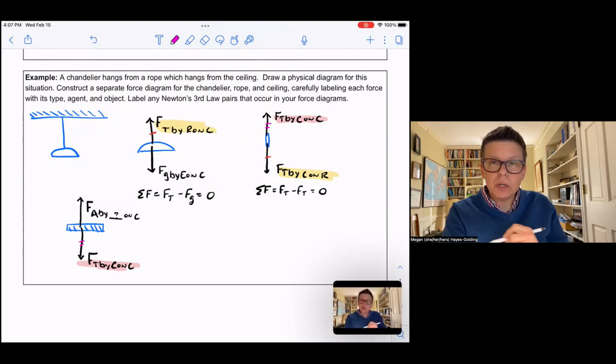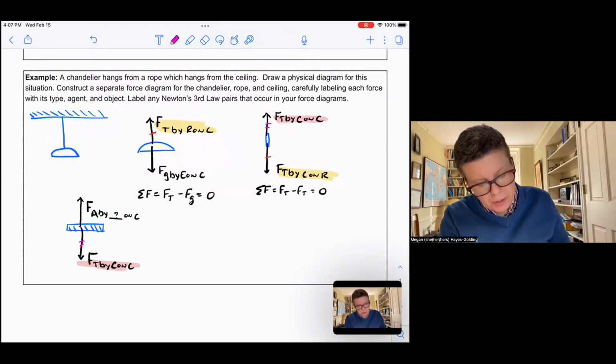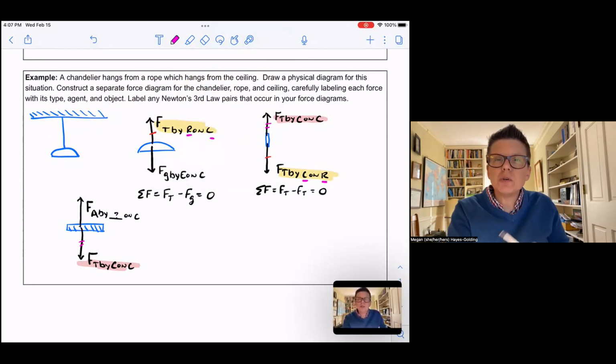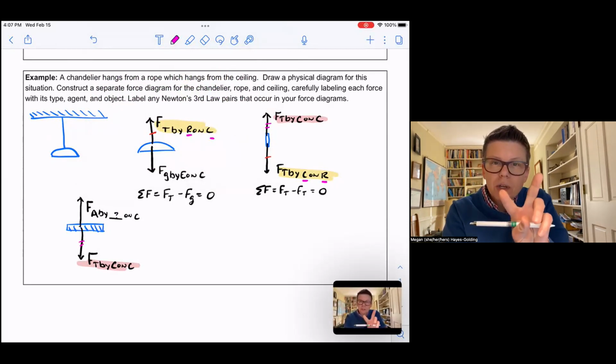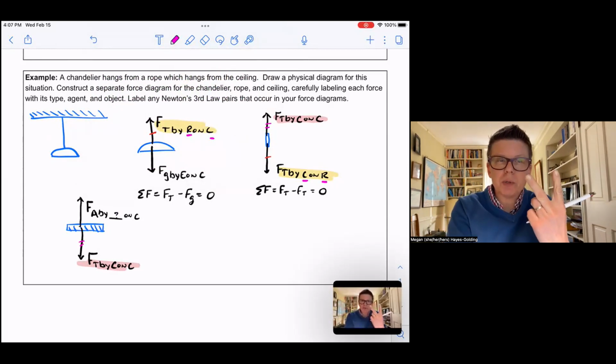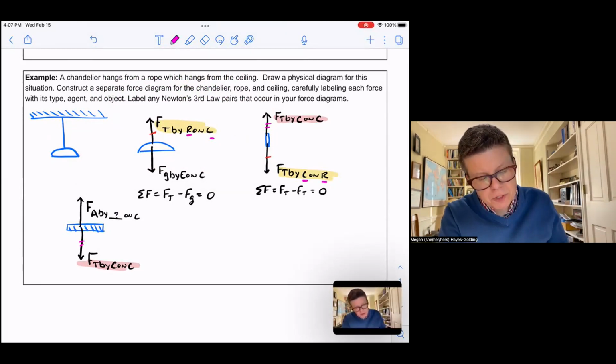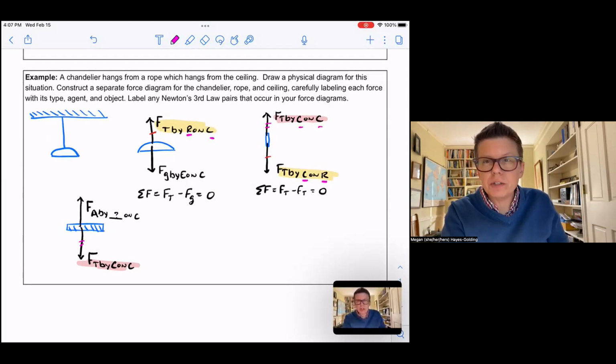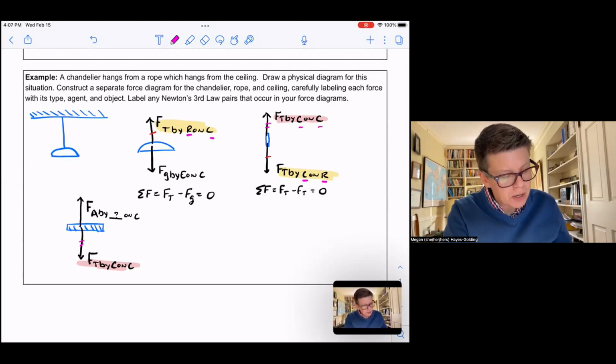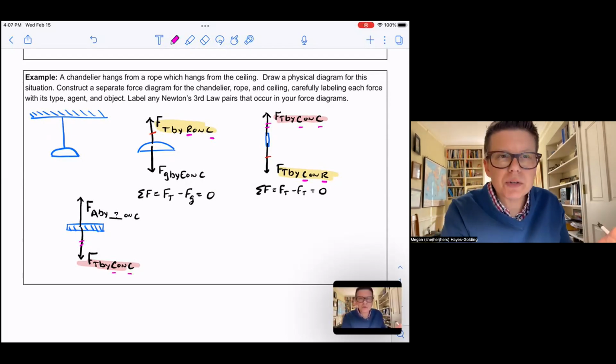The labels on Newton's third law force pair, F tension by ceiling on rope, by rope on ceiling. Do you notice how Newton's third law force pairs, the two highlighted here in yellow, for example, they just reverse the order of the labels? And the same thing here, F tension by ceiling on chandelier, and then F tension by chandelier on ceiling. Weird one because both those are the letter C.